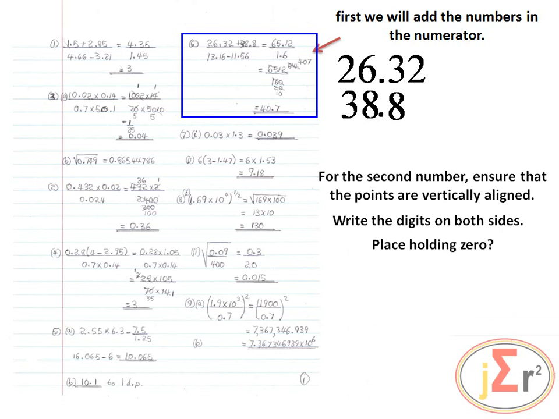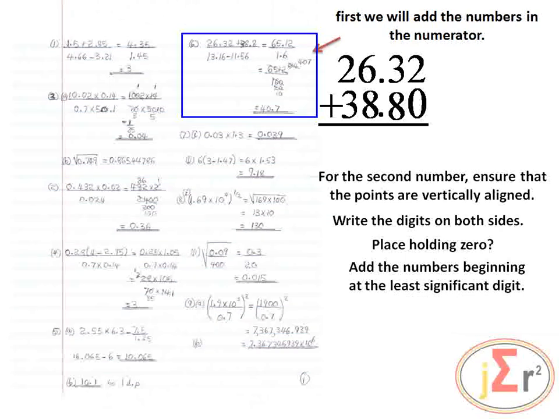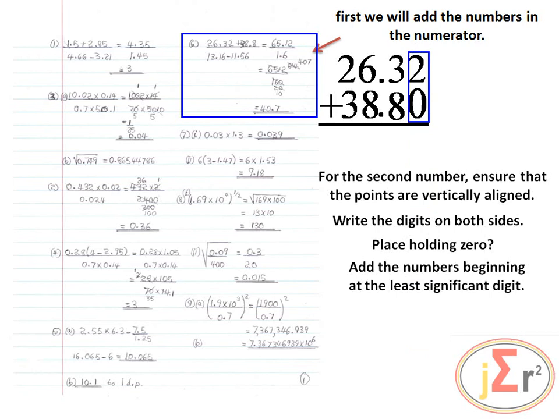and the question is placeholding 0. Alright, put that placeholding 0 there, and then we add the numbers beginning at the least significant digit. Sometimes when I'm adding, I do not begin at the least significant digit.